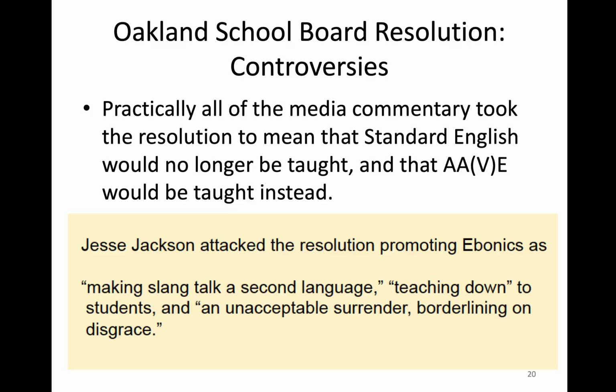Jackson actually changed his stance later on during the controversy, once it became clear to him that the school board were not actually proposing this, but rather were proposing contrastive study comparison of AAE and standard English as a method of improving standard English mastery.